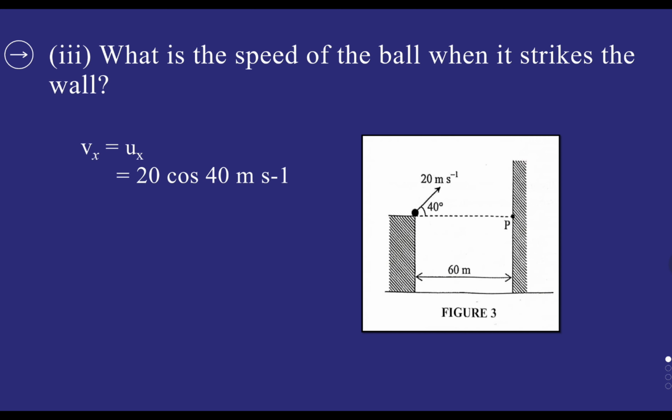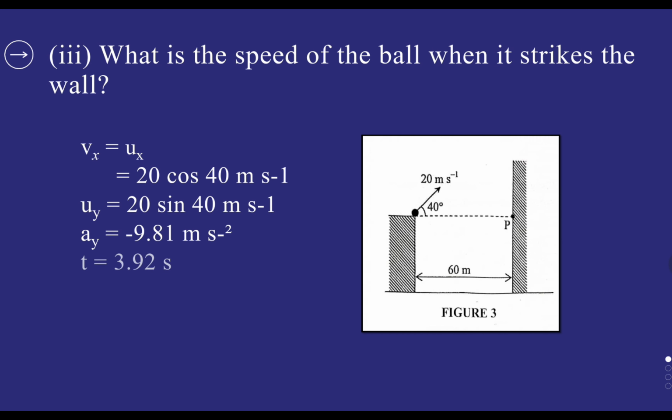And for Uy, we need to resolve the velocity on the y-axis. So the value will be 20 sin 40 meters per second. And for acceleration, it will be negative 9.81 meters per second squared. And for time, we just need to get it from the previous answer, which is 3.92 seconds.